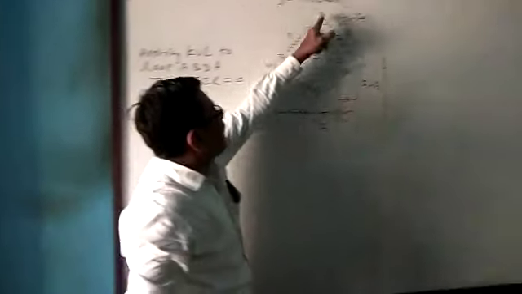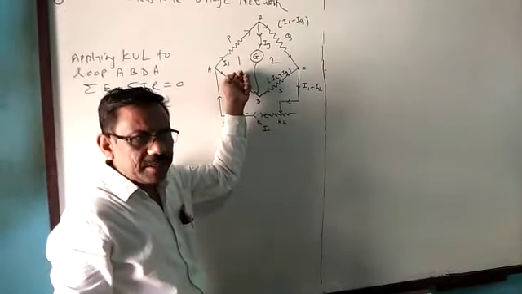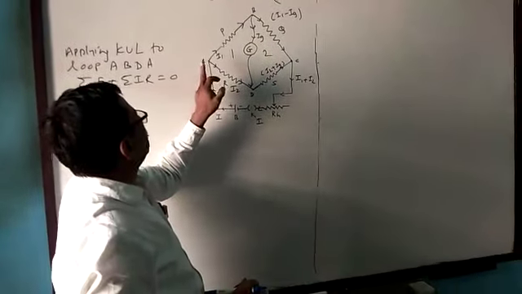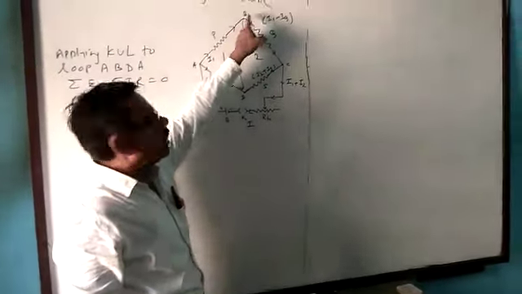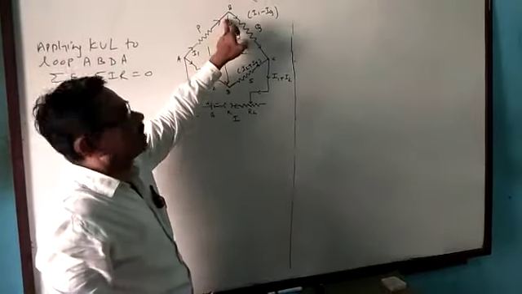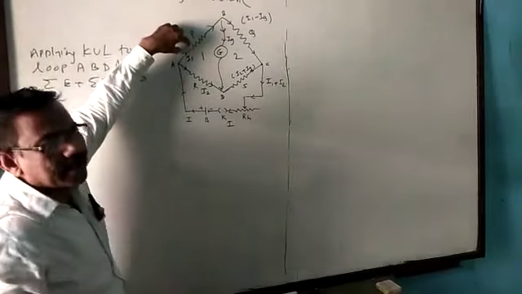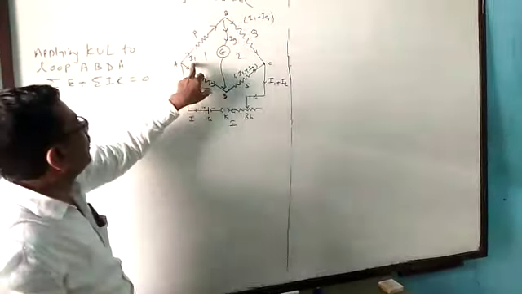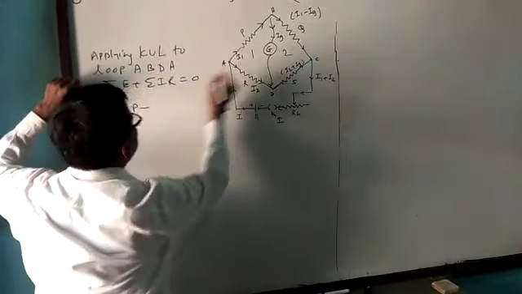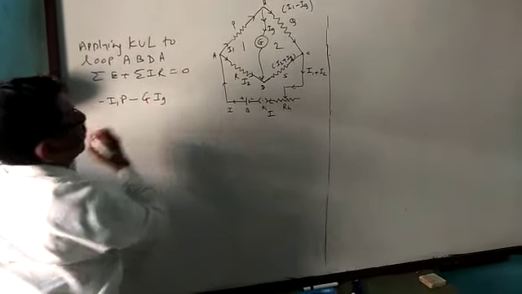But in this branch there is no EMF, EMF is 0. The current flowing from A to B is in the sense of the circuit, and that potential difference is taken as negative, so it is minus I1 into P. Again, the current flowing from B to D is in the same sense of the circuit, hence that potential difference is also negative, minus the resistance G into the current IG.